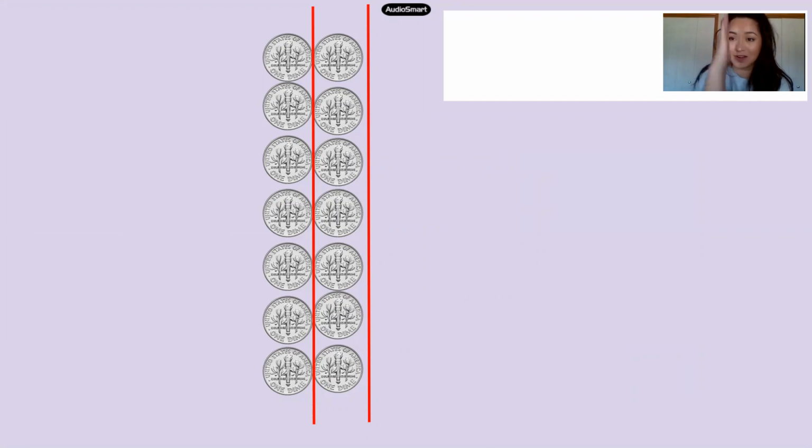How many dimes are in each column? Good. 7. I have 7 in my first column plus 7 in my second column. What is 7 plus 7? Good. 14. Now I want to separate them into rows.